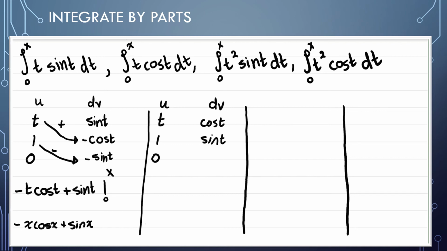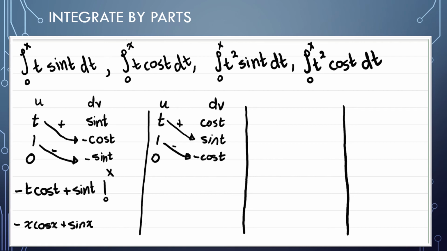The integration of sine t is minus cosine t, okay? Sorry, minus cosine t. So again, multiply this term by that, this by that, positive, negative, okay?